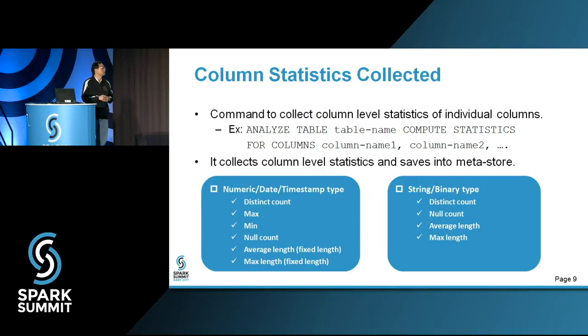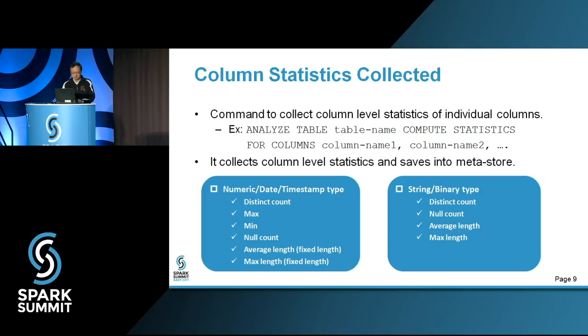Usually, there's no need to collect statistics for every column of a table. We only need to collect statistics for those columns referenced in the predicate, in the where clause, the columns referenced in the join condition, and also columns referenced in the group by clause.